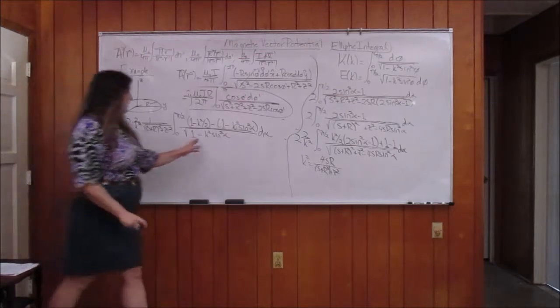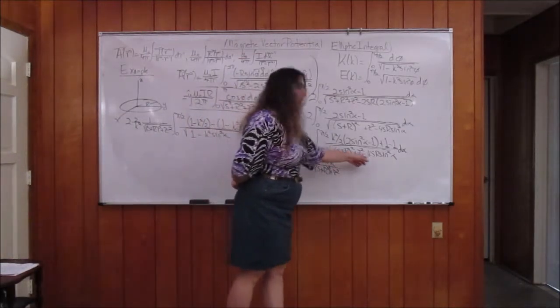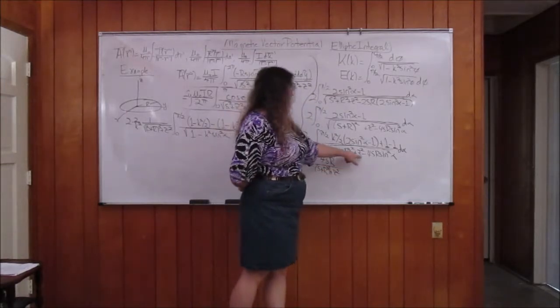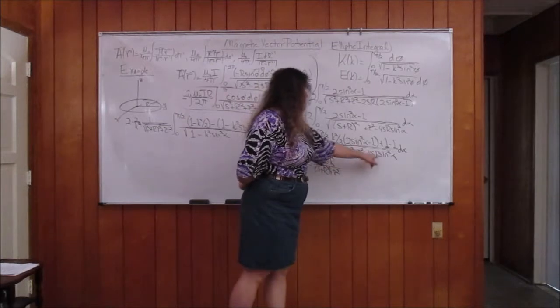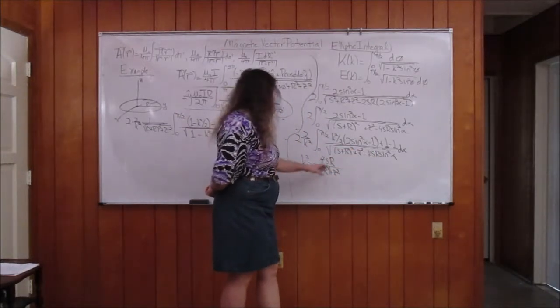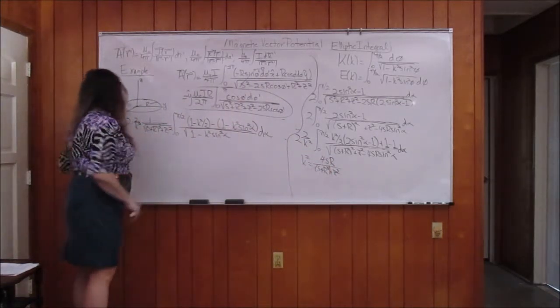Okay, so what I did here was I divided the bottom through by s plus r squared plus z squared. So this first term will be 1, and then over here we'll have 4sr over this quantity, so I'm calling that k squared. And pull that out. This is where I have an extra factor out front here.